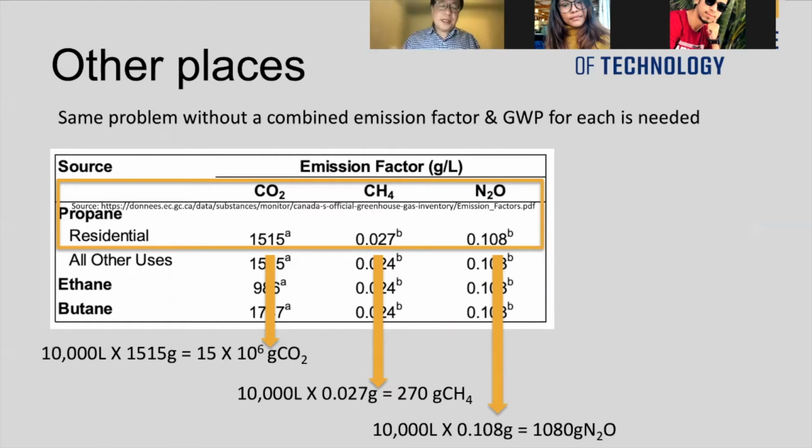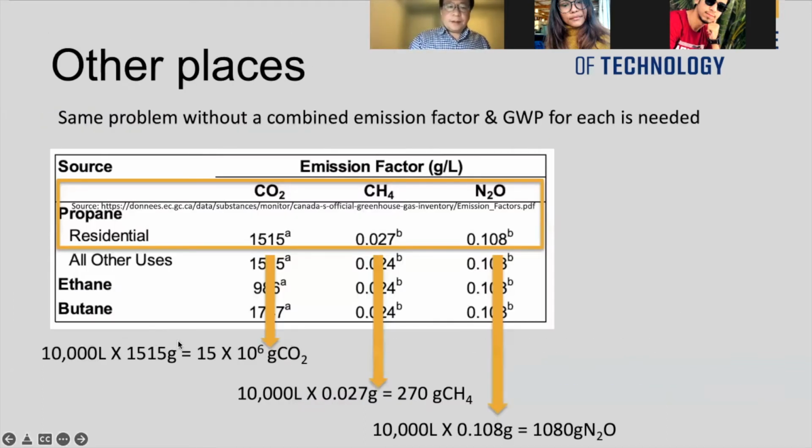But sometimes you will refer to some textbooks, which will tell you that for propane, there is a certain amount of carbon dioxide, a certain amount of methane, a certain amount of nitrogen oxide. Those information can help you calculate the emission with these combined emission factors.